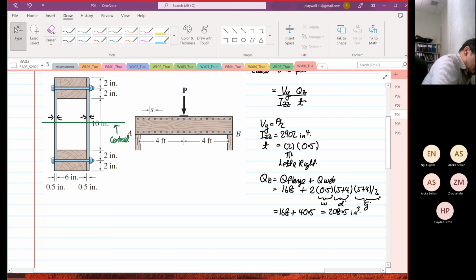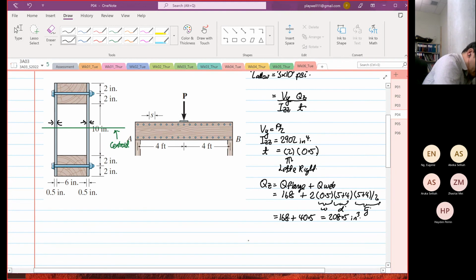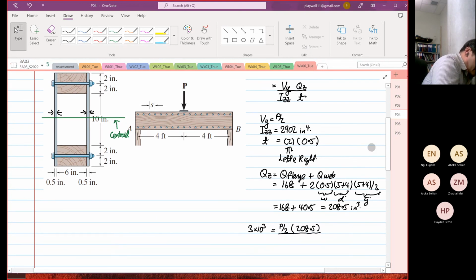Okay, so from here we can determine our applied force due to the resistance of the structure, the shear resistance of our structure. The allowable shear stress is 3 times 10 to the power 3. This will be equal to Vy, which is P over 2, multiplied by Q, 208.5, then divided by Izz, which is 2902, and the thickness is 2 multiplied by 0.5.